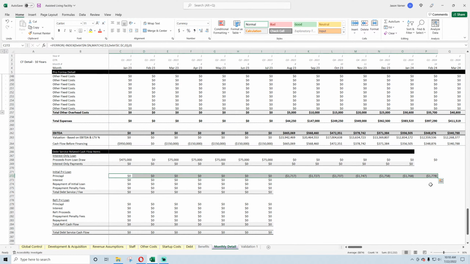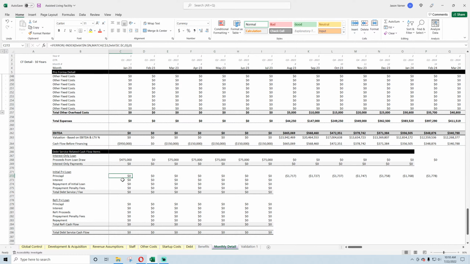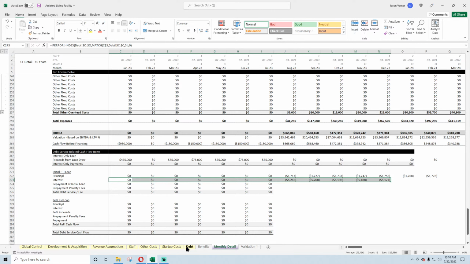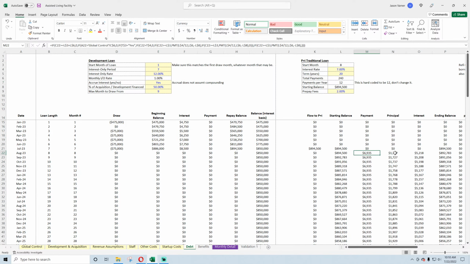All right, so here's the initial principal of the first loan. All these references should be in the same spot at least because we didn't change any positions when we imported that debt tab. So principal and interest looks good, 17.5. So it's taking these two here.